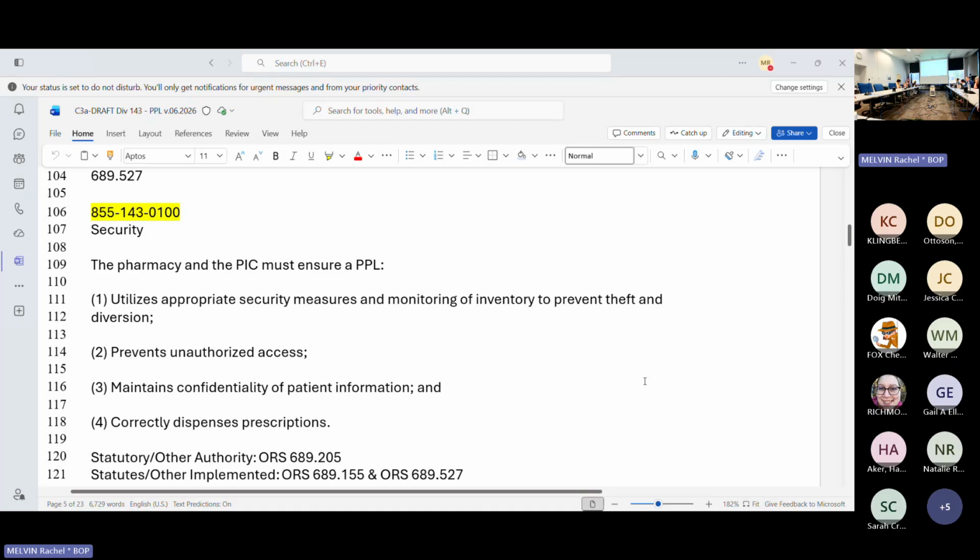Member Hall, there was a comment about some language changes, and I don't know if we care too much to change it, but it was for paragraph one. I think security measures was kind of vague, and standard precautions was recommended.